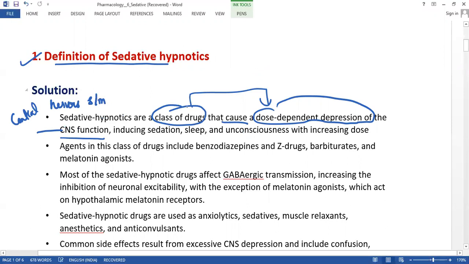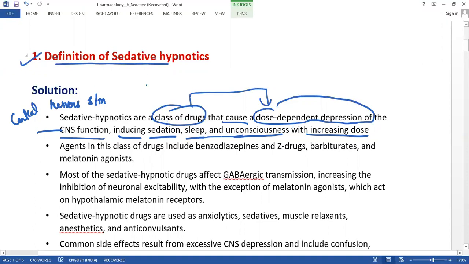It may induce sedation, sleepiness, and unconsciousness with increasing dosage.